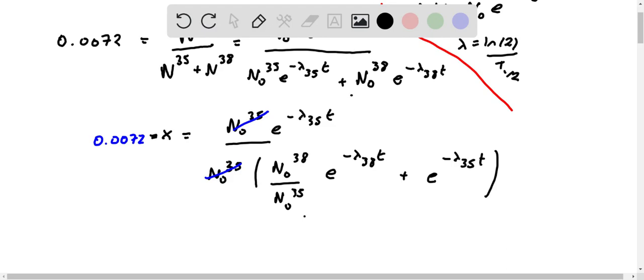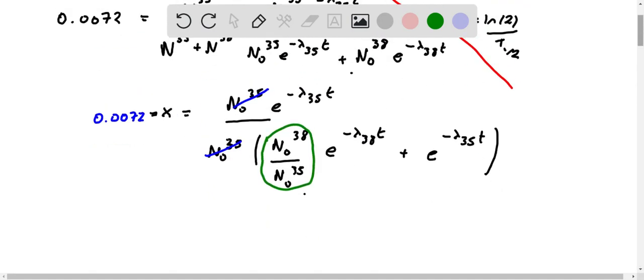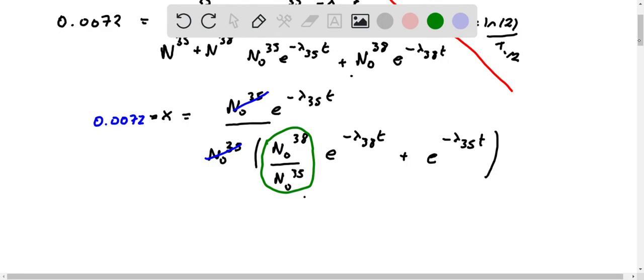So what can we do here? We want to try and find this quantity here, the ratio of the initial number of uranium-238 to 235.